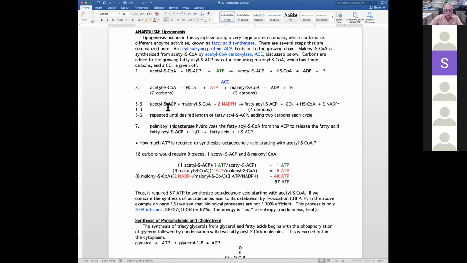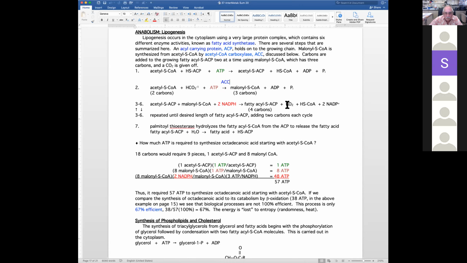And then it takes that acyl carrying protein that you spent money on up here, and then whatever you made right here from ACC, and you're using 2 reducing equivalents. Again, this is biosynthesis, so NADPH. And you add the 2 carbons to each of the 2 carbons, and you get 4 carbons, and one of the CO2 is given off.